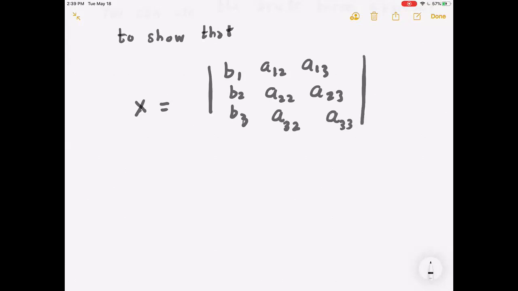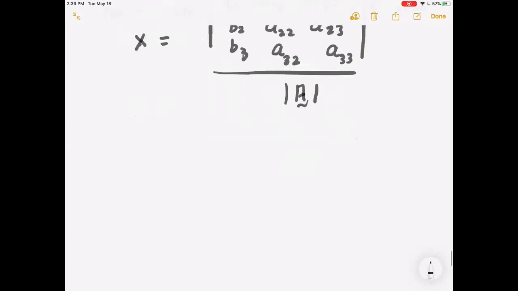And again, this is going to be divided by the determinant of A, the coefficient matrix.